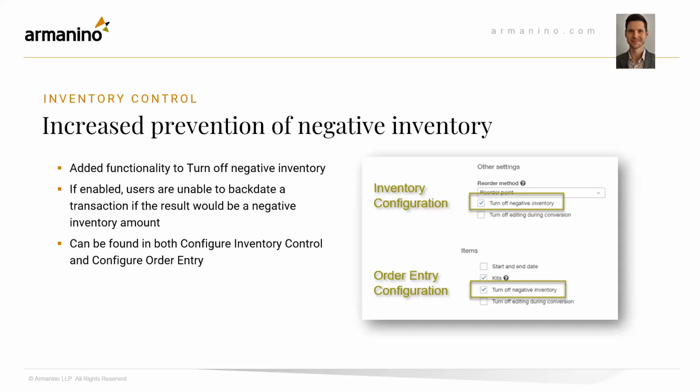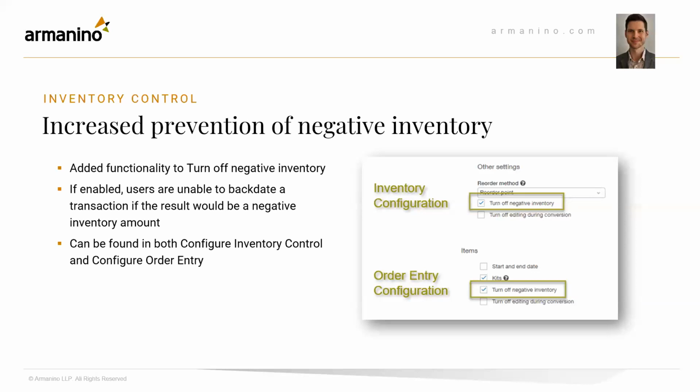To the right, we can see both of those options, which we can find in either of those settings. And this is a neat way to prevent negative inventory depending on the items or your process. So definitely, if you're interested in preventing negative inventory, you can find that in either of those configurations.